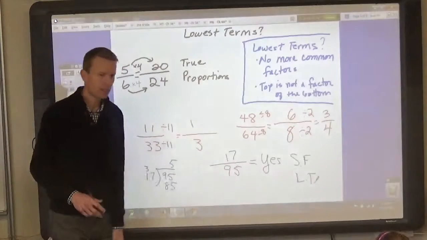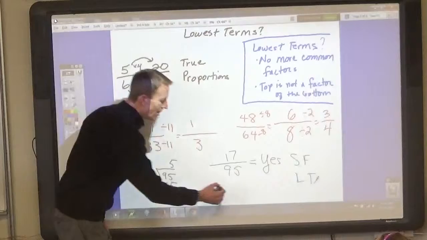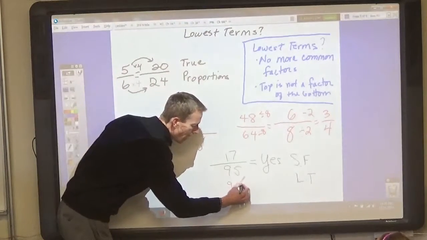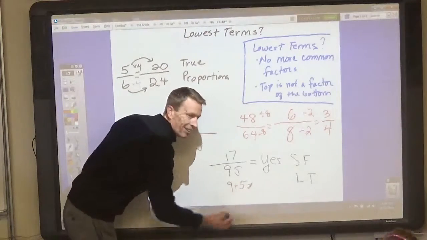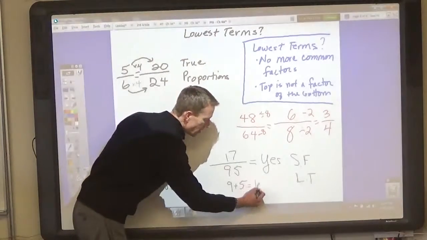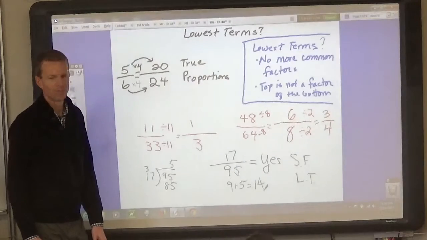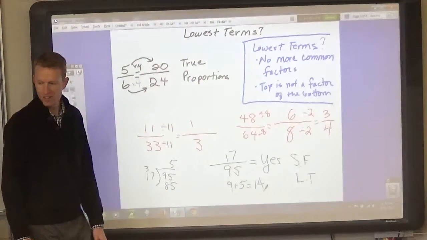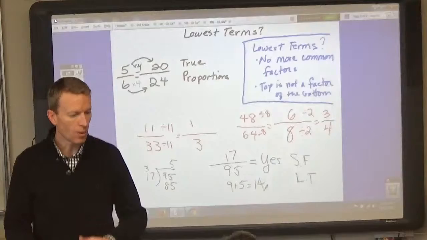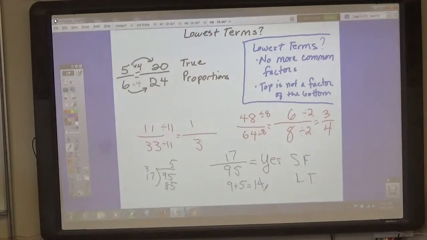How about 95? What's 9 plus 5? 14. Does 3 go into 14? No. So use those rules that we talked about to help you when you're finding factors, okay?